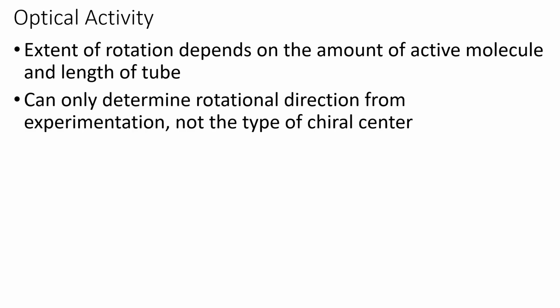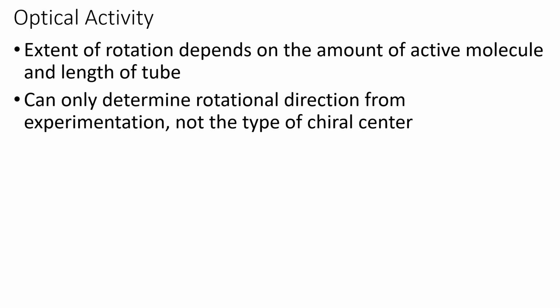We can only determine the rotational direction based on experimentation, not the type of chiral center that we have. Meaning I can't predict which direction an enantiomer is going to rotate the light just based on the structure itself. I would have to actually run the experiment to determine if it rotates the plane to the right or to the left, clockwise or counterclockwise.